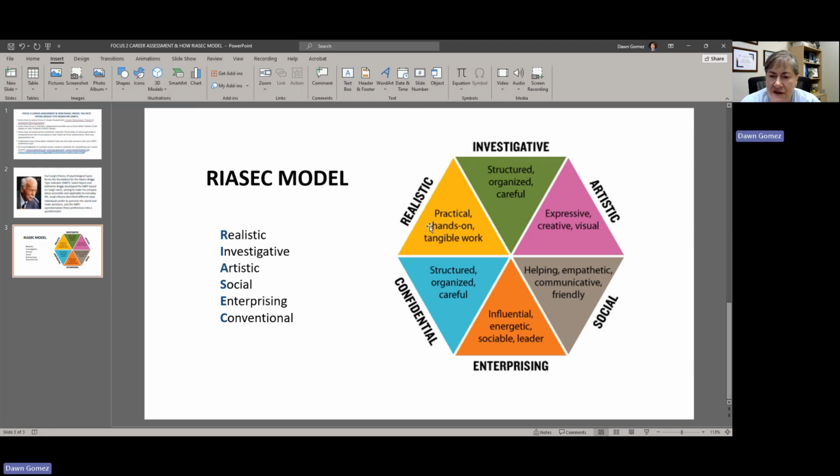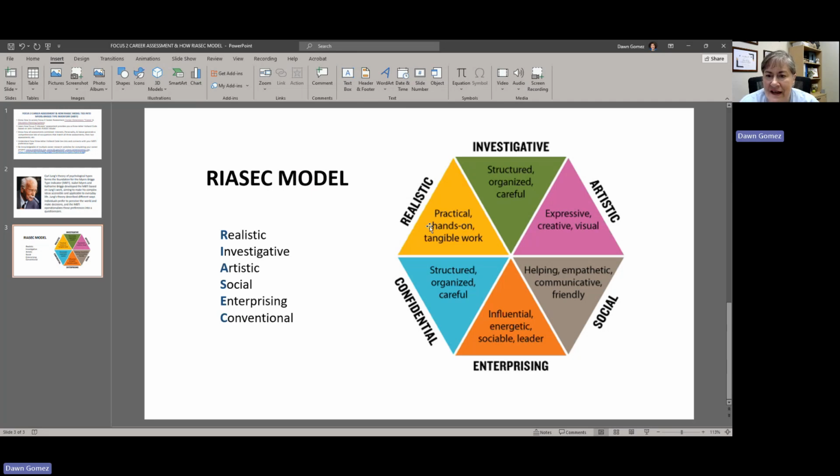Some of the careers in this cluster are urban sustainable agriculture, farming, athletic training, architecture, computer-aided drawing. This may be construction, technology. It could be manufacturing as well. So this is the realistic cluster. You can remember it that it's hands-on and it's active, and that's why they're called the doers.